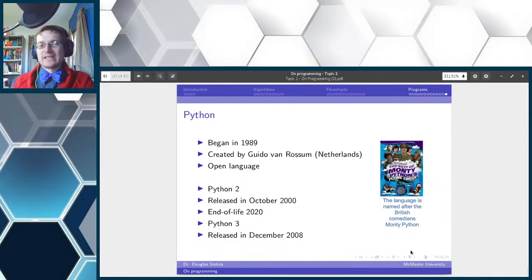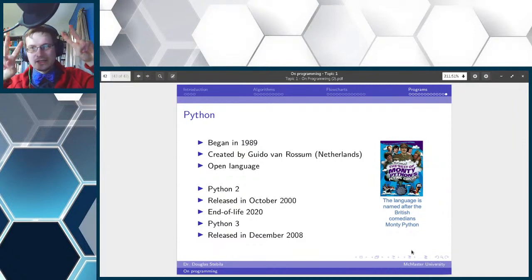Why is it called Python? It's called Python because of Monty Python. It was created in 1989 by Guido van Rossum, a fellow from the Netherlands. It is a, quote, open language.